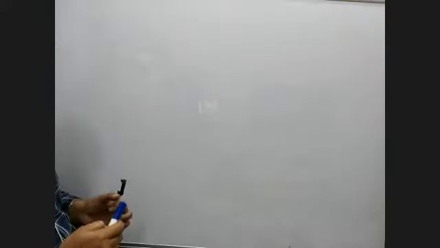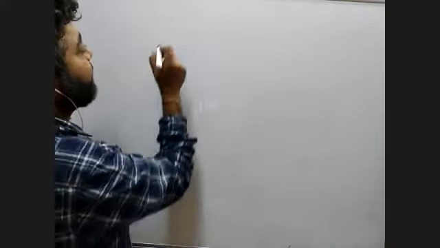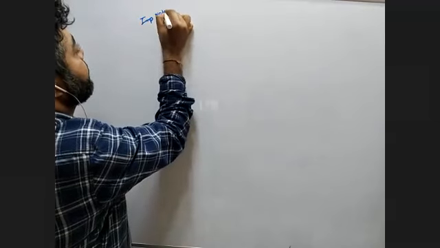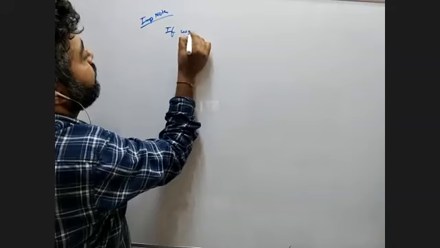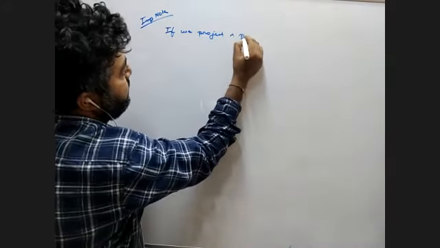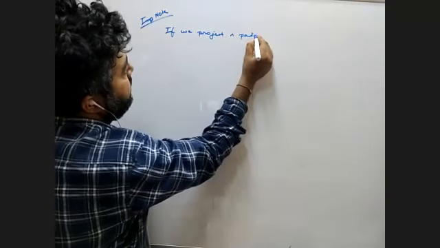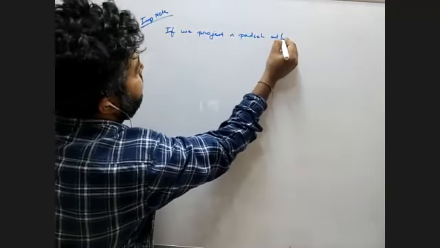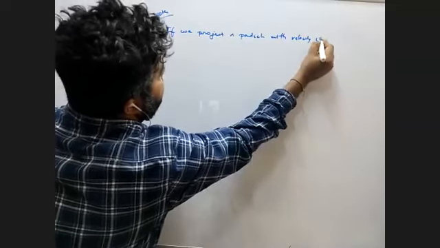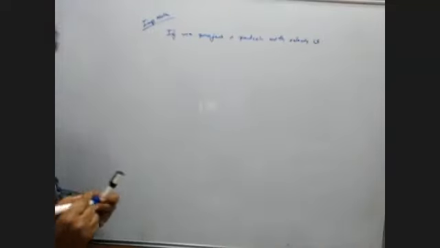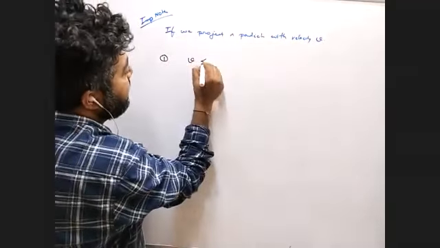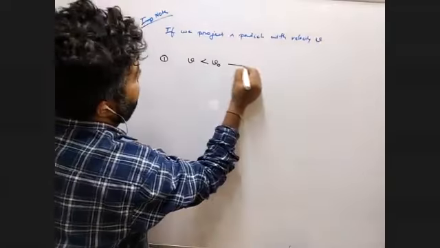First point, an important note: if we project a particle with velocity v, number one, v is less than orbital velocity.